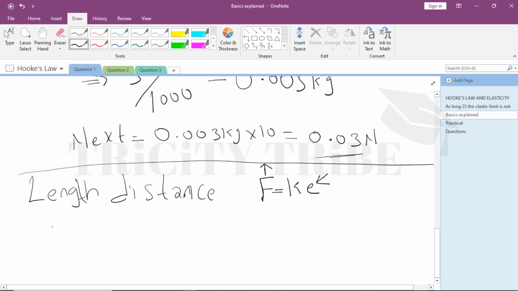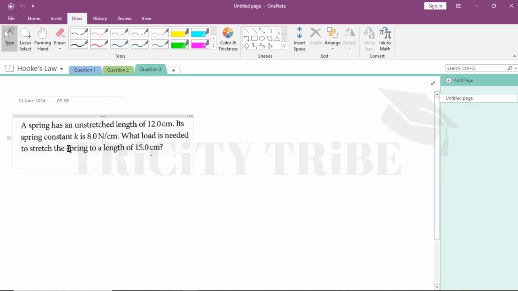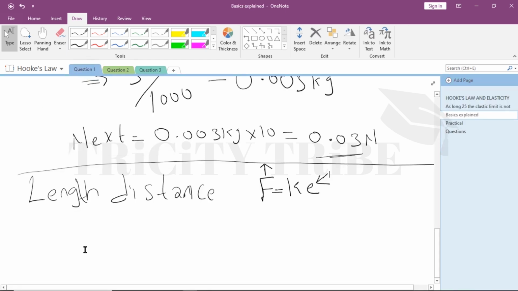Look at this question. You can see length is involved in any question that has to do with Hooke's law. Can you see that length is involved, right? Your length is measured in what?